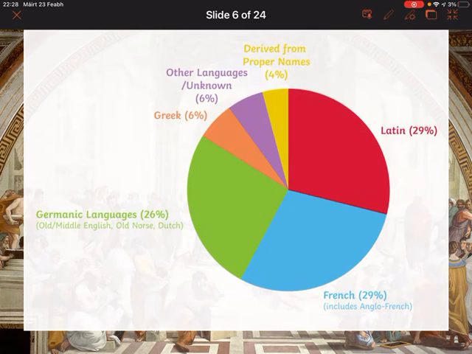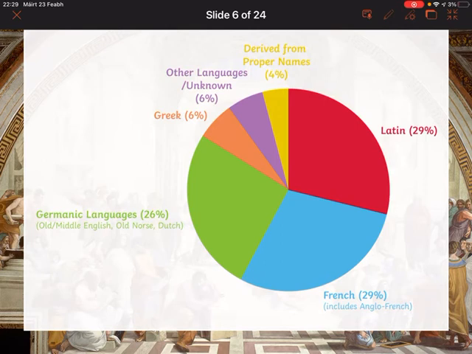Okay, so you can take a look at the overall breakdown of the English language, you know, where most of the vocabulary comes from. So 26% of it comes from Old or Middle English, Old Norse from the language that was spoken by the Vikings, or Dutch. So they're all from Germanic languages. 29% comes from French, and this includes Anglo-French, which is the French that was spoken by the Normans in England.